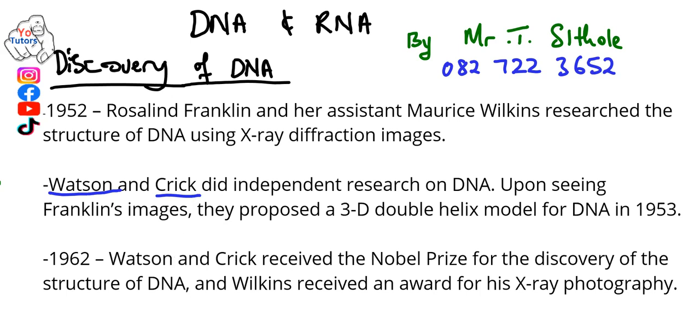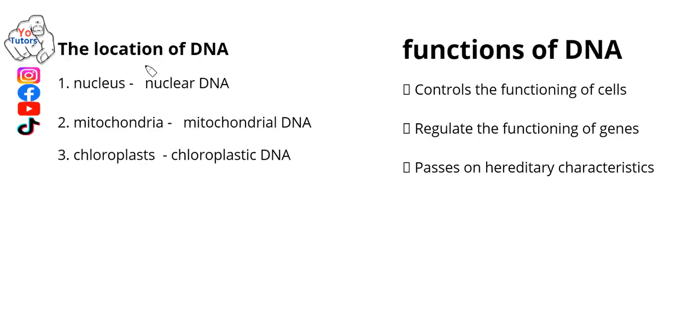Then let's move on to the location. DNA is located in the nucleus of the cell, and also in the mitochondria. In the nucleus we call it nuclear DNA, and in the mitochondria we call it mitochondrial DNA.